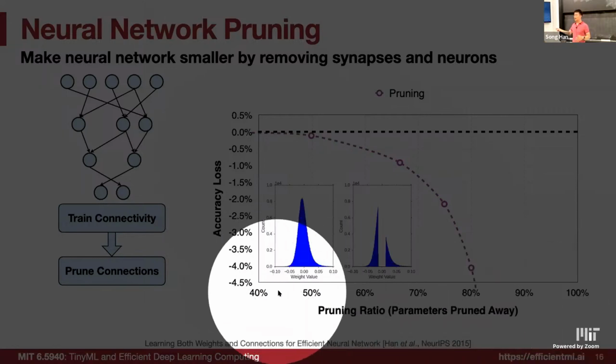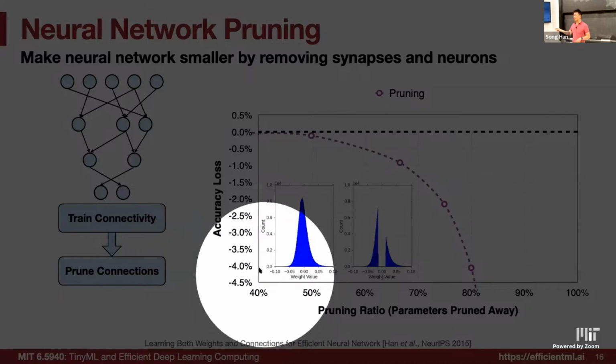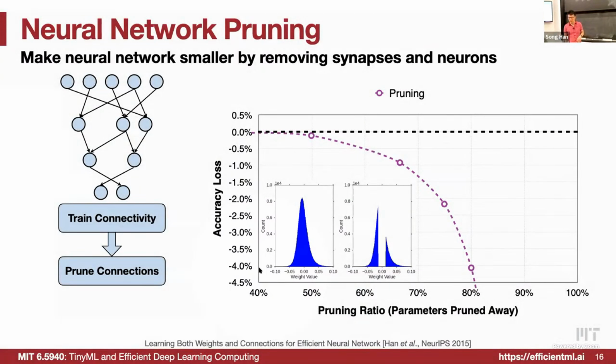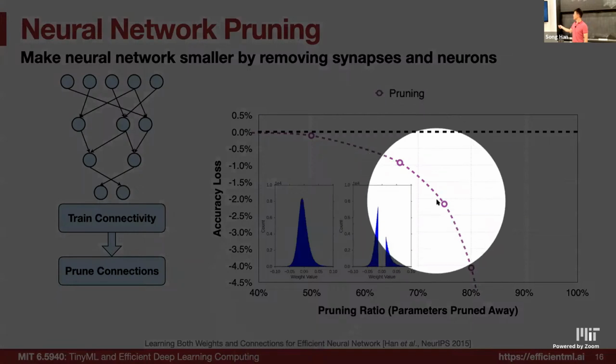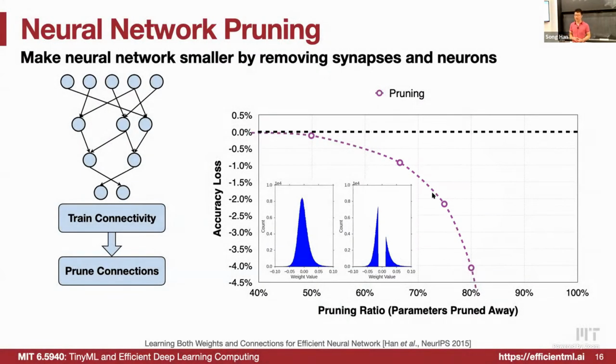And on the left-hand side, we are starting from a 40% pruning ratio. So this is quite unfortunate, right? People train these neural networks to get high accuracy, but due to pruning, you immediately reduce the accuracy by, here like 1%, here like 2%. That is too bad, right?